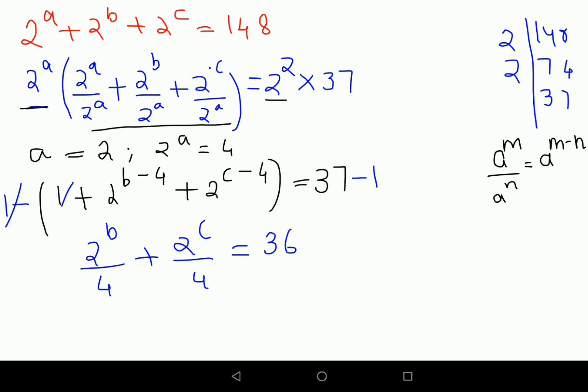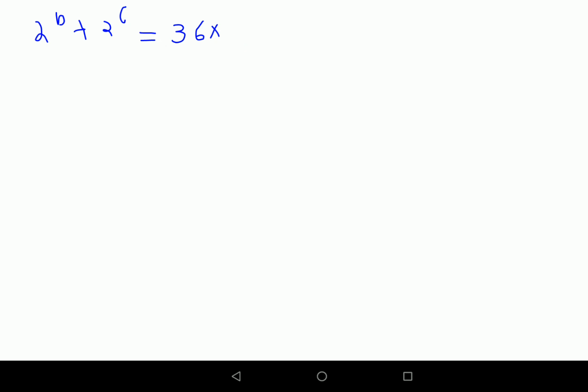Now I can take the 4 to the other side. Therefore 2^b + 2^c = 36 into 4. Again, 2^b + 2^c = 36 into 4.